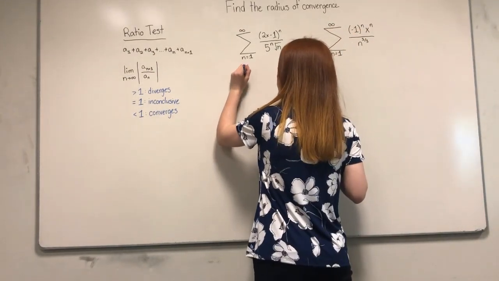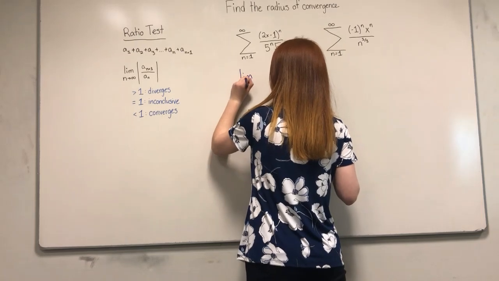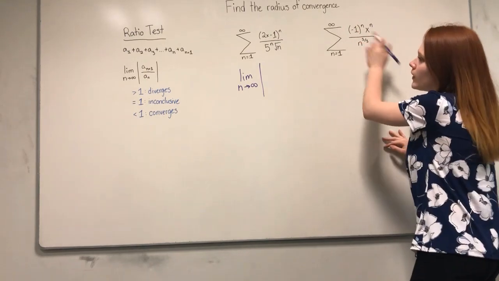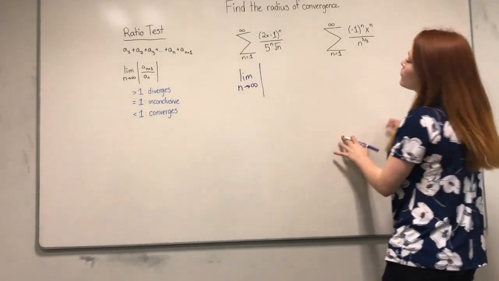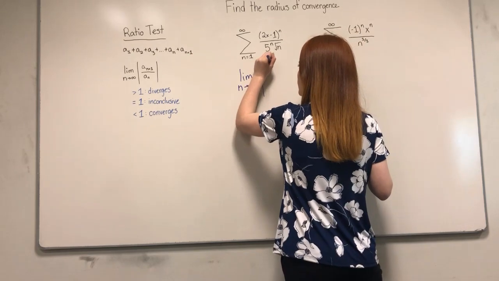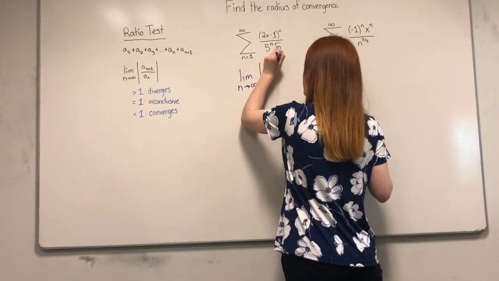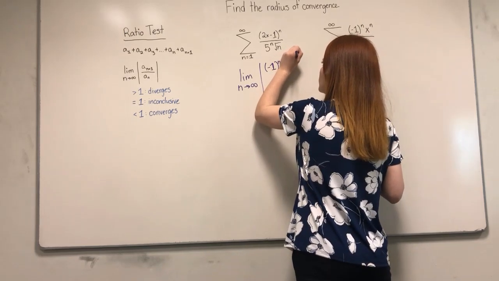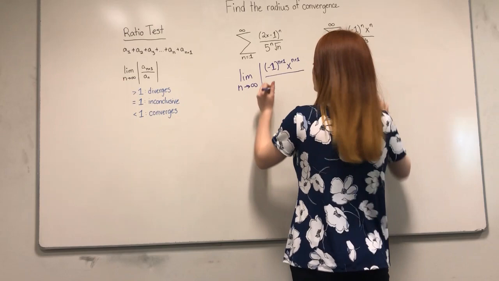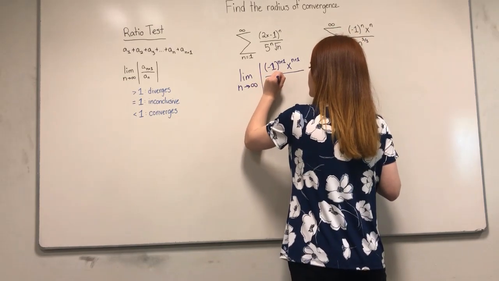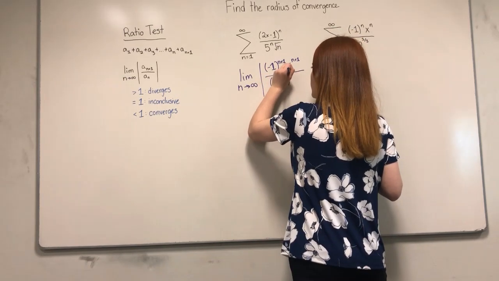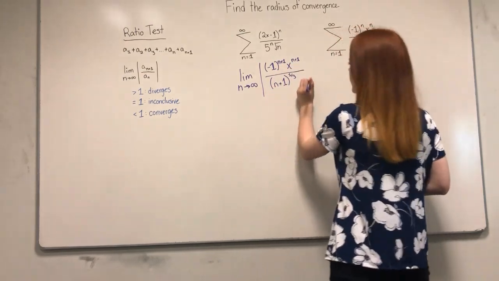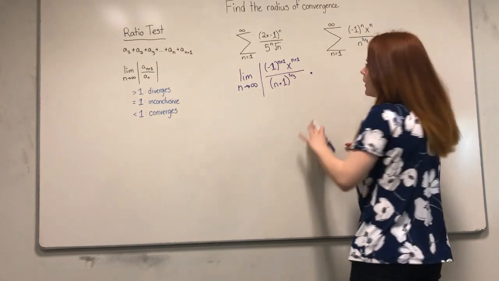So we take the limit as n goes to infinity of, again, this is our a sub n, so we find the a sub n plus 1, which is negative 1 to the n plus 1 times x to the n plus 1 all over n plus 1 to the third. And I'm just going to multiply by the reciprocal ahead of time.